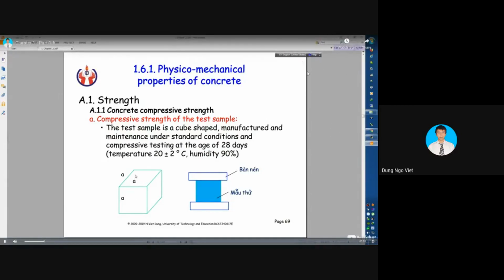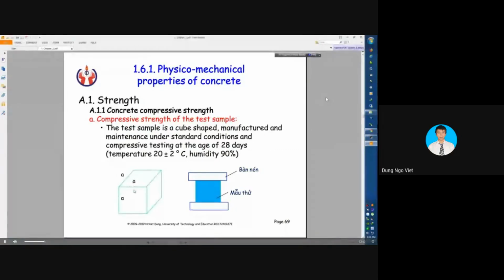And so the test sample is a cubic shape, manufactured and maintained under standard conditions, and compressive testing at the age of 28 days, and the standard temperature is 20 degrees Celsius, and with the humidity about 90%.